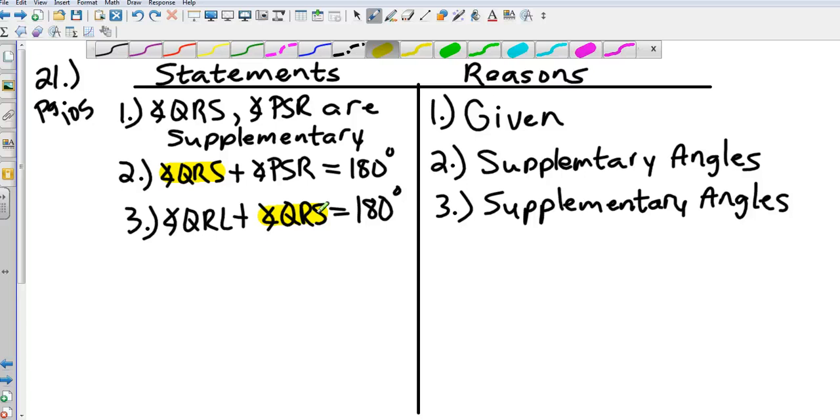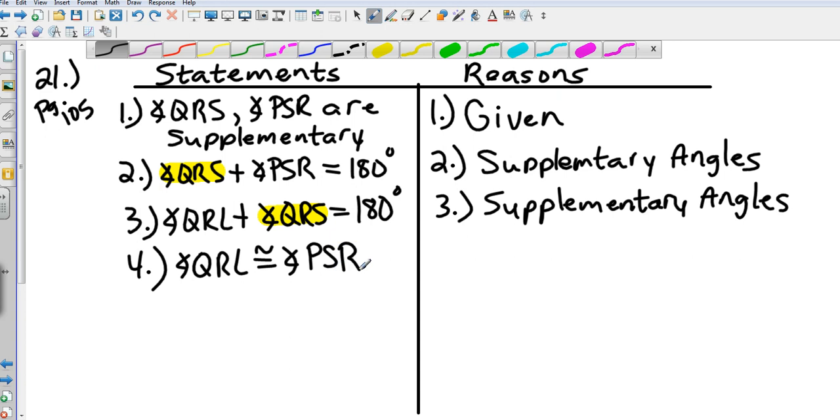So theorem 2.4 helps me out a lot here because I can now say that in step 4, angle QRL is congruent to angle PSR.